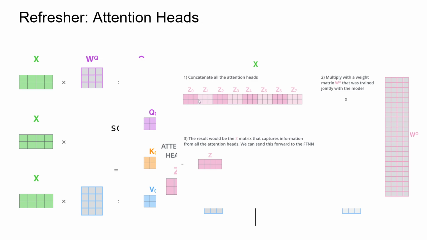Then you concatenate all of these, you multiply it by another projection matrix, and you get Z. This is what is then passed on to the feed forward network, which is also present in a transformer block. So usually you have attention and then a feed forward network, like in the original transformer setting.